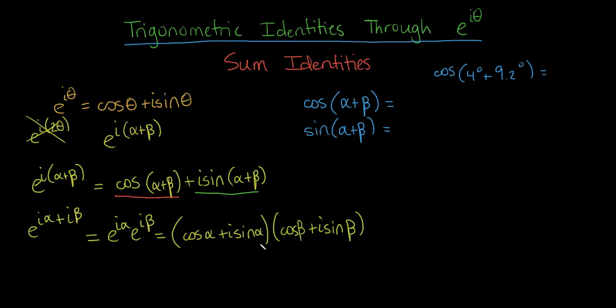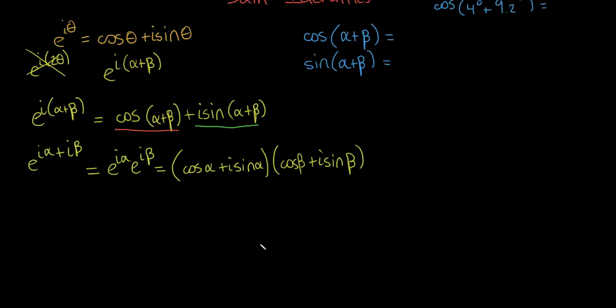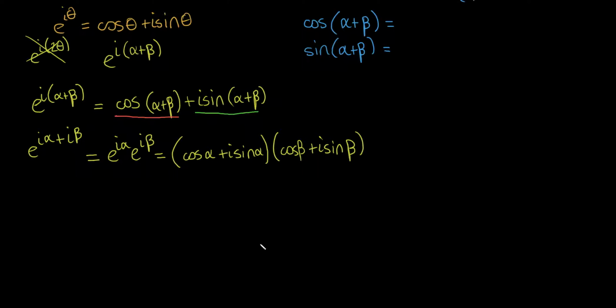So let's scroll down a little bit. Let's calculate this product. First, we can FOIL it. So we have cosine of alpha times the cosine of beta. Let's just do it down here so we have some room.